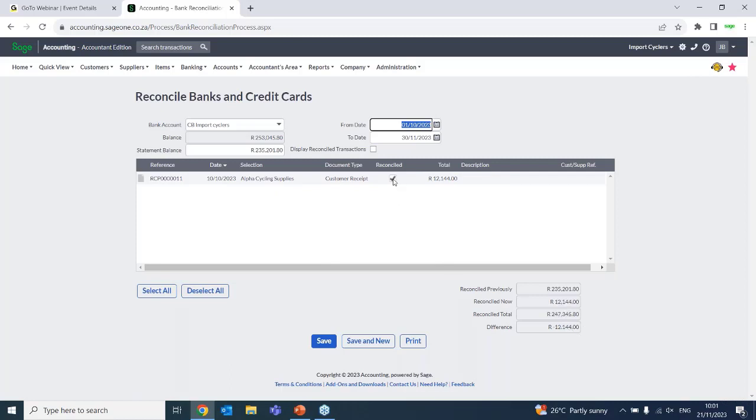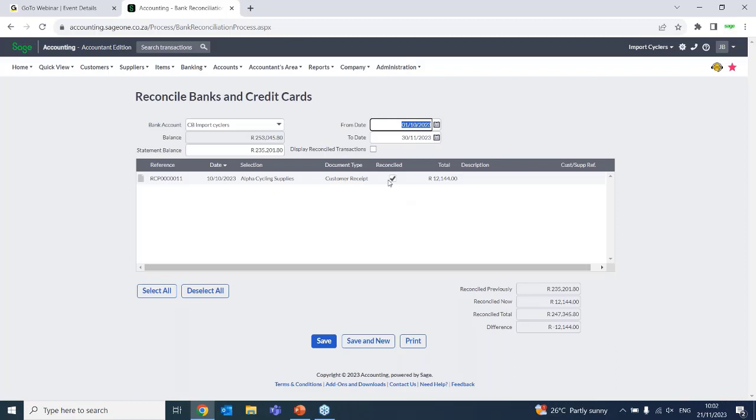Then you go through, and we're trying to make sure that those values are correct. Now, if we had to see 0 without ticking anything, this means that we have a problem. So suddenly, if we tick that, we see that, hang on, there is a 12,144 Rand difference.